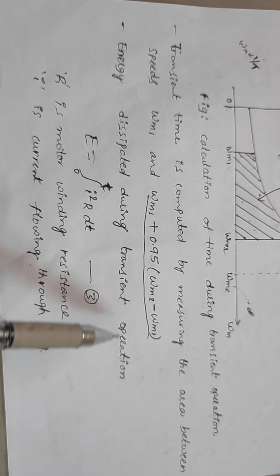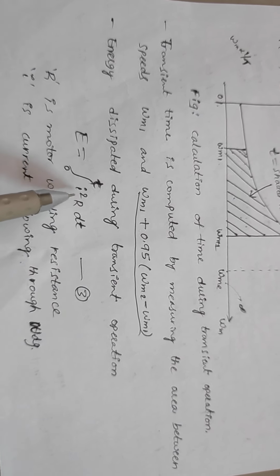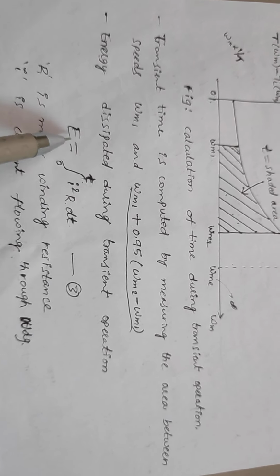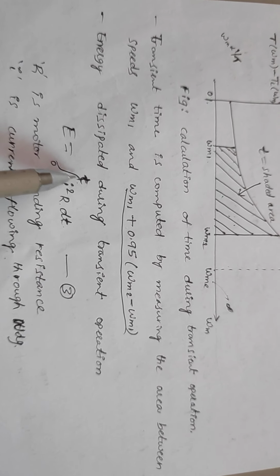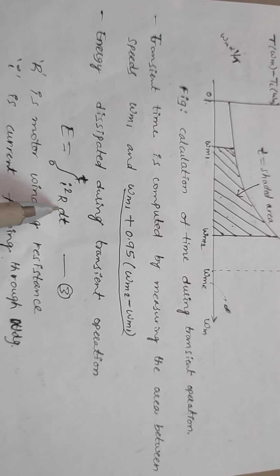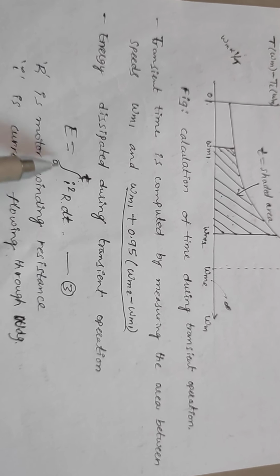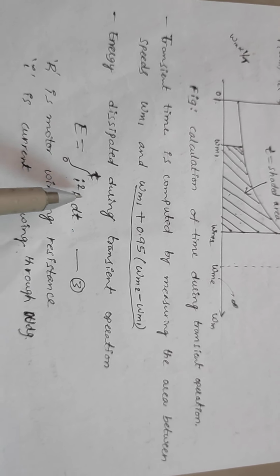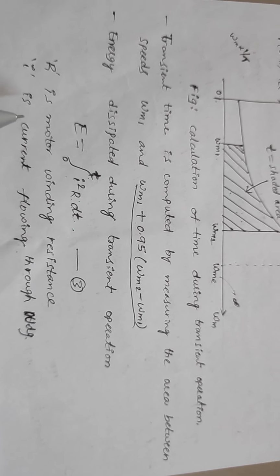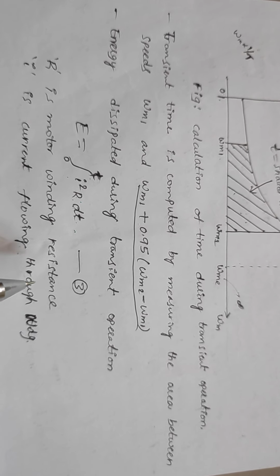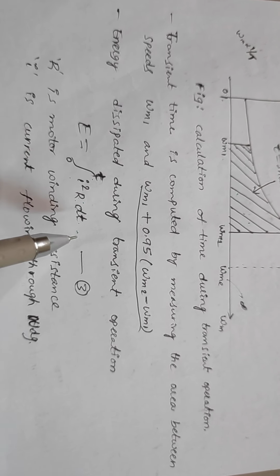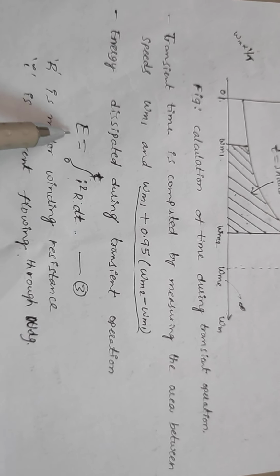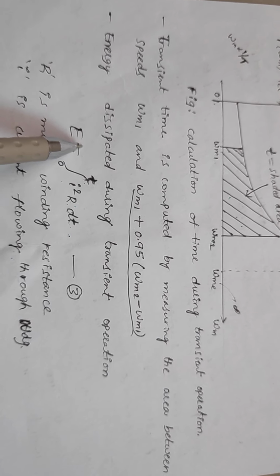Power loss is I squared R, and if we multiply by the corresponding time, here the transient time, the energy dissipated is the integral from 0 to t of I squared R dt, which is I squared R t. Here R is the motor winding resistance and I is the current flowing through the winding. We know the current, and we can take the winding resistance from the given data, and calculate the energy dissipated during the transient operation.